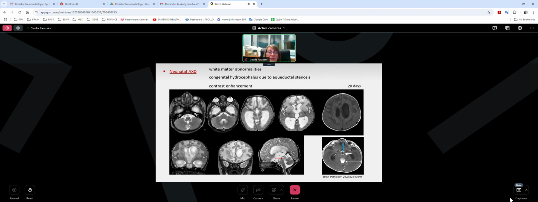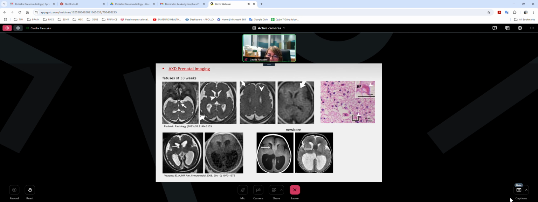Typical features are present in the neonatal form, in which white matter abnormality is really important, and there is a congenital hydrocephalus due to aqueductal stenosis for increase in size of the tectum. And in some cases, as shown here, we can have also nodular enhancement of the quadrigeminal plate.